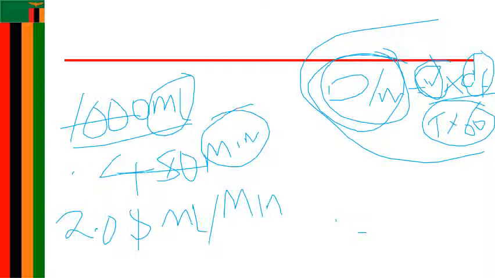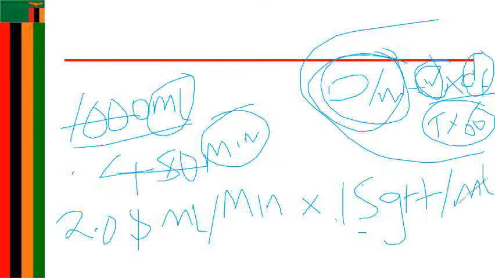Then we have to multiply this by 15 drops per ml. Drops per ml, that is GTT per ml. So the ml and the ml cancel.